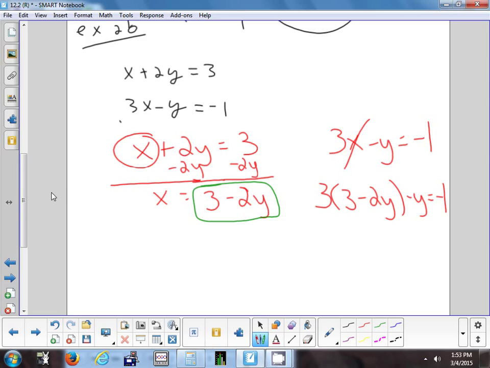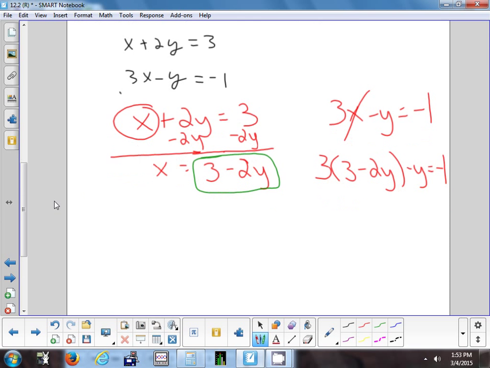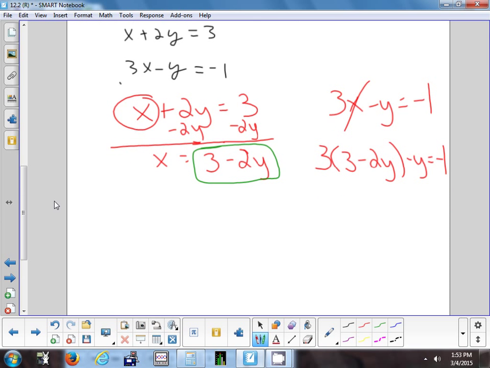Again, this information can only do x's job. It comes in for x. Everything else in that equation stays. The only thing that's going to leave is the x. He lost his job, everybody else got to keep their job.